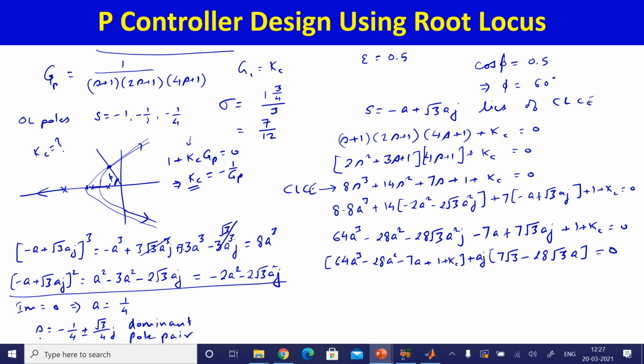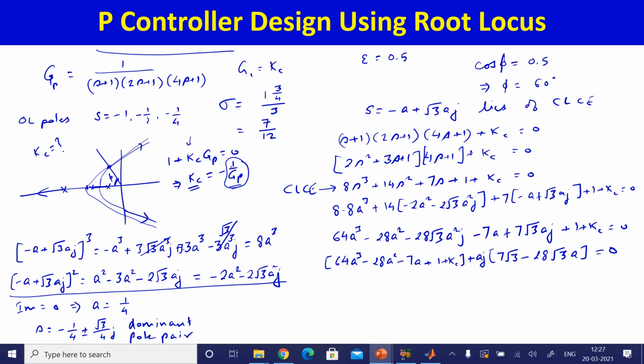So I know what s is. Substitute this value of s into gp, because this number lies on the root locus, this would be a negative real number. Negative times negative is actually positive, and therefore that gives you kc.